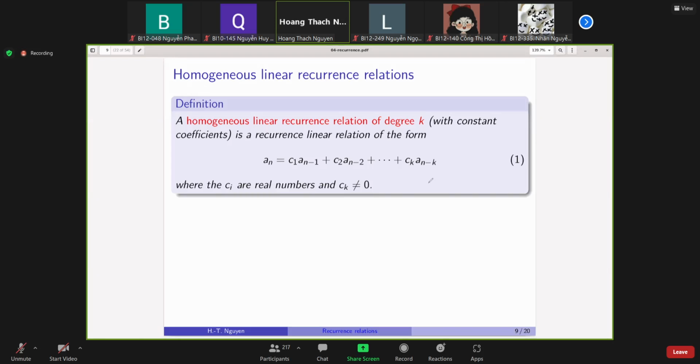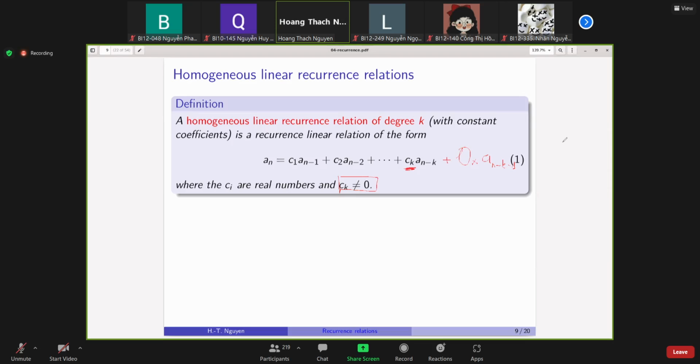And additionally, we want this coefficient ck to be non-zero. It is a technicality, because if we don't impose the condition that ck is different from 0, then we can add as many other terms at the end as we would like.